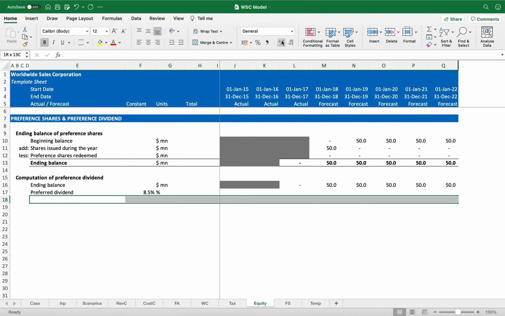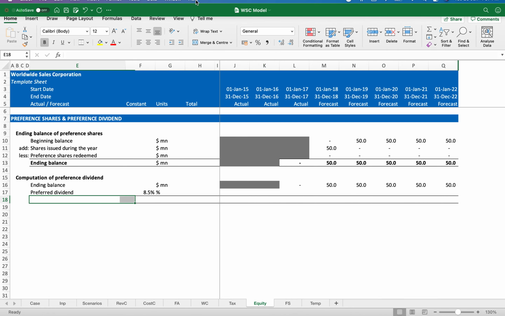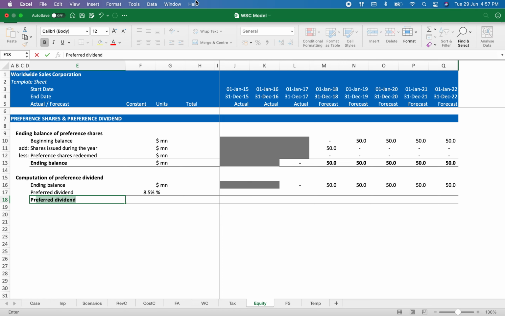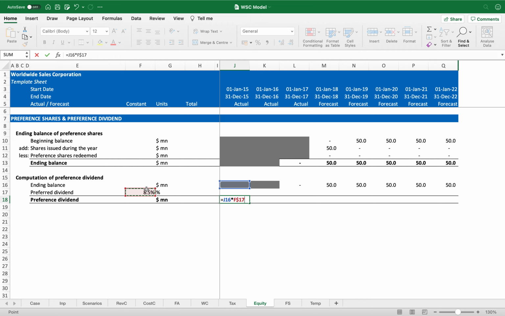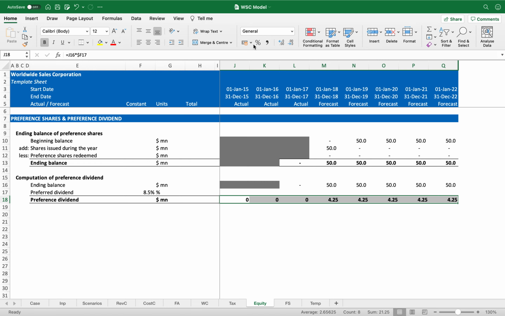And that's it. I just multiply the two and I get the preference dividend, in millions of dollars, multiplied by 8.5%. So I have now computed the ending balance of preference shares as well as the preference dividend amount.